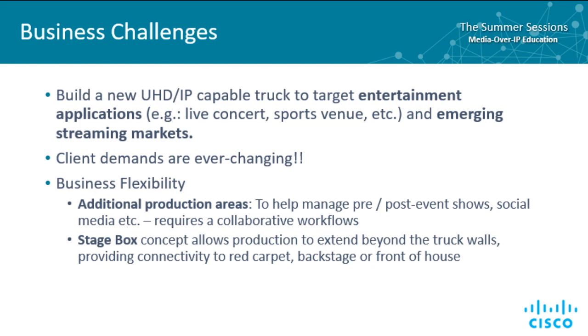And that's why they wanted an architecture which was very dynamic and flexible, and one that can support the ever-changing client needs. Which also includes having to do some pre and post event shows and having the capability to extend production beyond the truck walls.